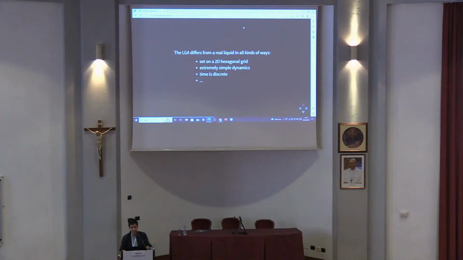These dynamics are extremely simple. It's just to do with this update rule, whether or not two particles hitting at a node are going to bounce out from one another or flow through. Time is discrete. You have this very much update one time step, one time step, one time step. All of these are not features that are present in the actual liquid that flows through the pipe. All of this, you might think, makes the model inaccurate in those respects.